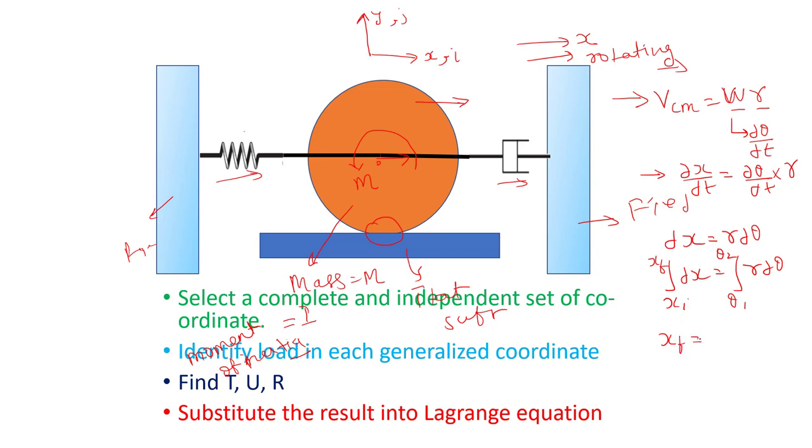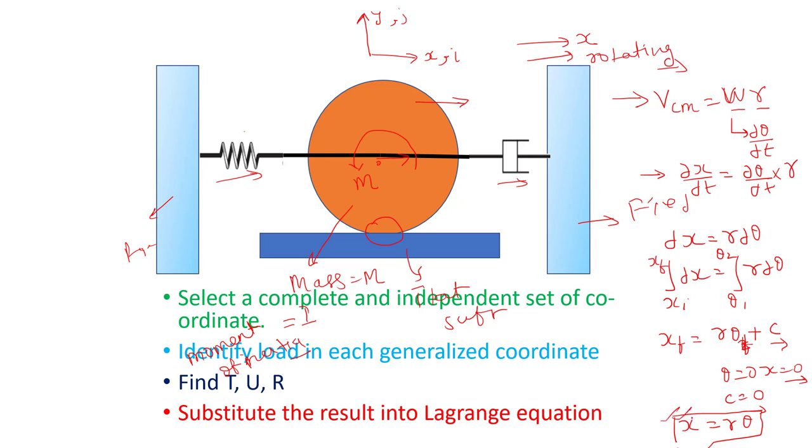Then x final is equal to r theta plus some constant, and initially theta is also equal to 0, so we can write it as r theta final plus constant. Now using the initial condition, at theta equal to 0, x is equal to 0, we get the value of the constant equal to 0, and our equation simply becomes x is equal to r theta.